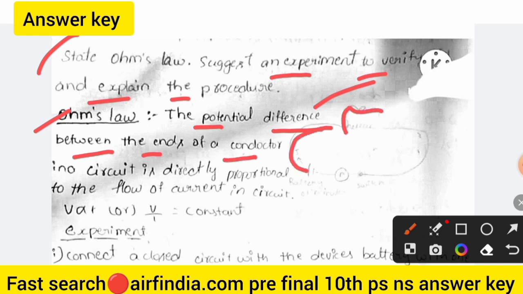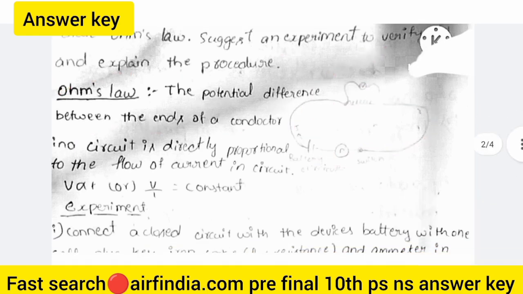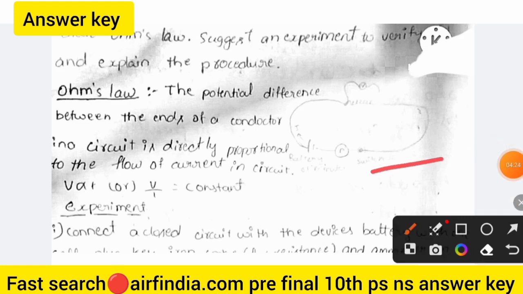I know it's a blurry diagram, but practice it. So the potential difference in a circuit is directly proportional to the flow of current in the circuit. Okay, so V is proportional to I, it's a constant.